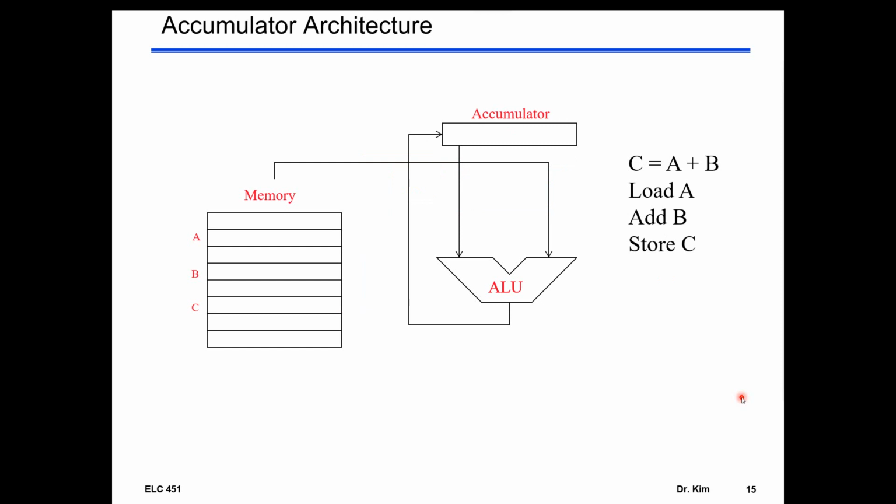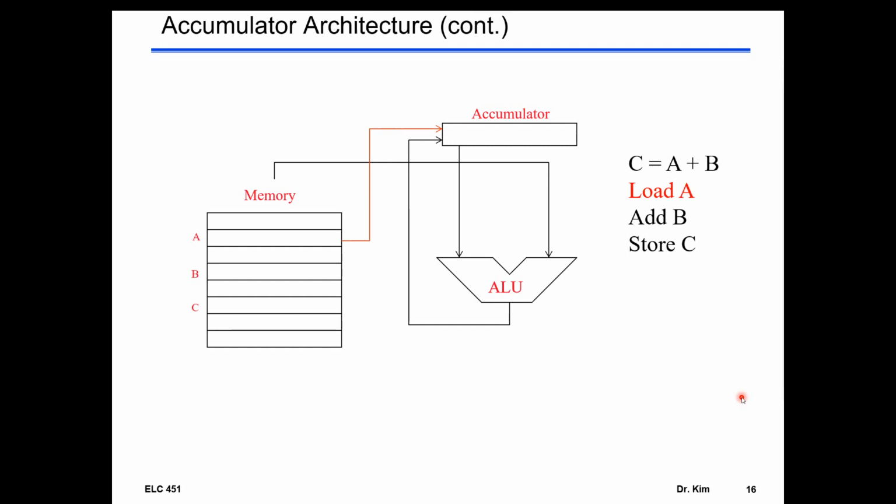Now let's look at the accumulator architecture. The accumulator is a single register that is implied as one of the operands and also where you put the result of the operation. We're going to move A to the accumulator.